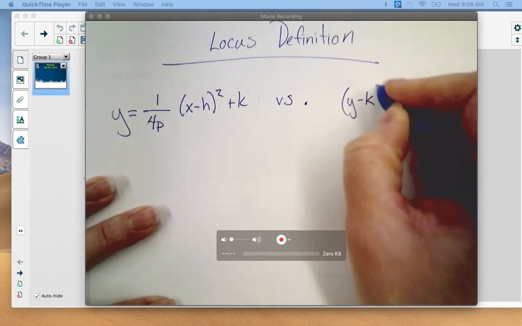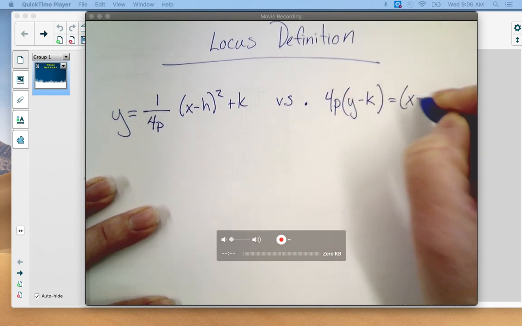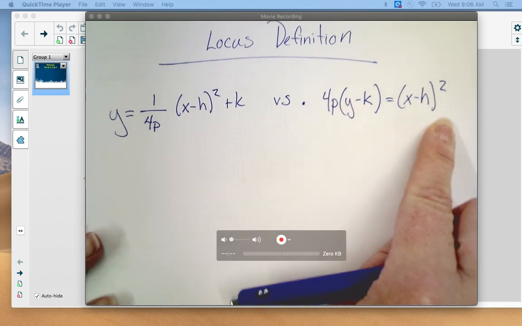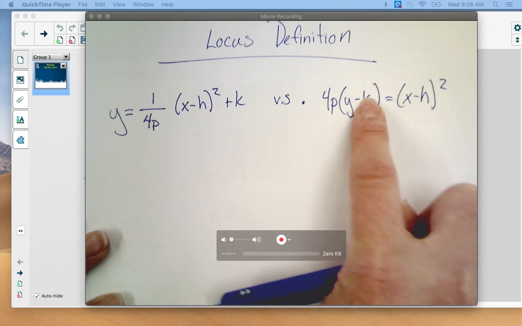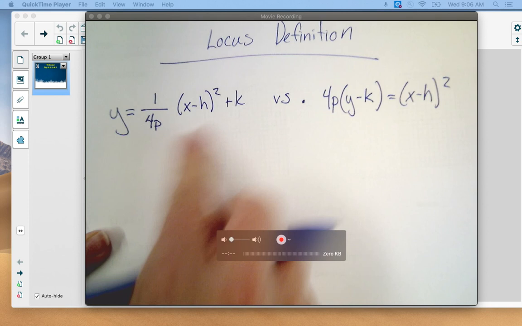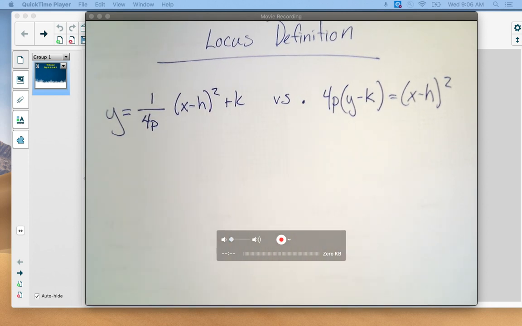Then they multiply by 4p out in front and have it equal to x minus h quantity squared. Does that look like anything we know? If you look at that, does that look like anything we know? Then you would also have to remember that it's opposite this sign, which we don't typically do with y. So I use this one because it's building off what we already know. It's building off vertex form.